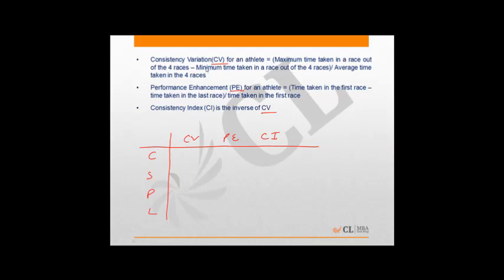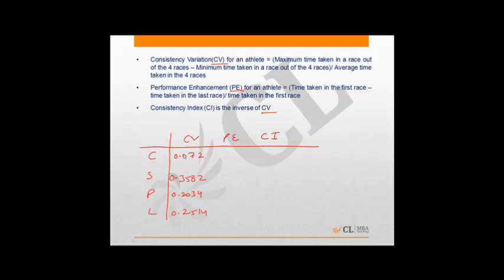Okay, so consistency variation is defined as the maximum time taken minus minimum time taken out of the 4 races upon average time. So when you calculate the CV for all of these players, you will get these respective values. Right?